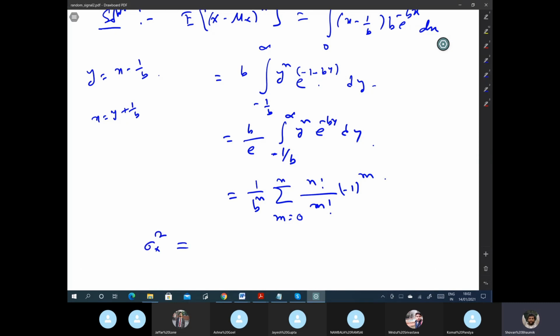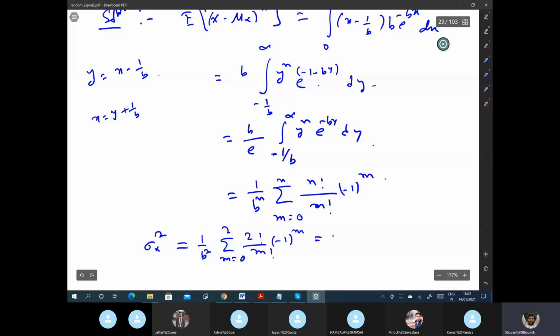Quickly calculate and tell me from here. N is 2, right? So if it is 2, 1 by b square summation m is 0 to 2 of 2 factorial by m factorial, minus 1 to the power m. So this will come as 1 by b square.